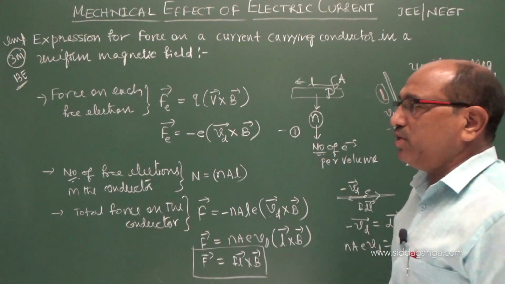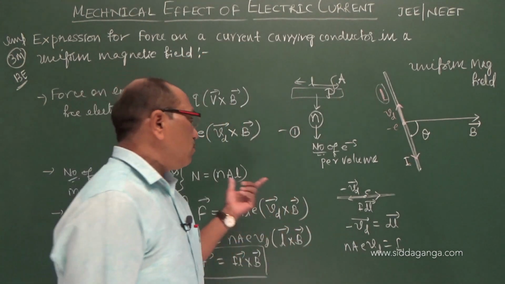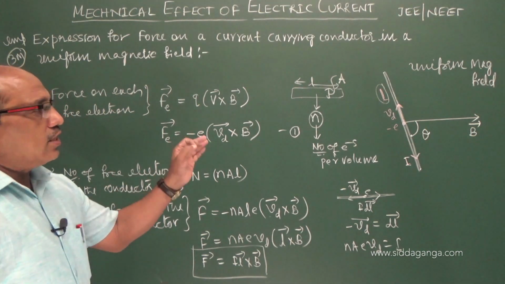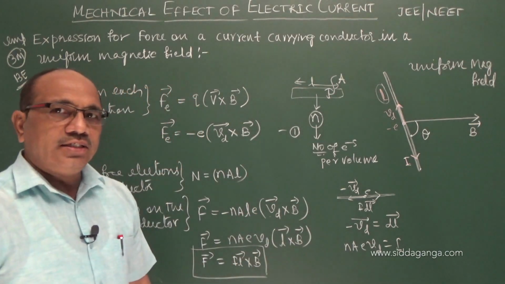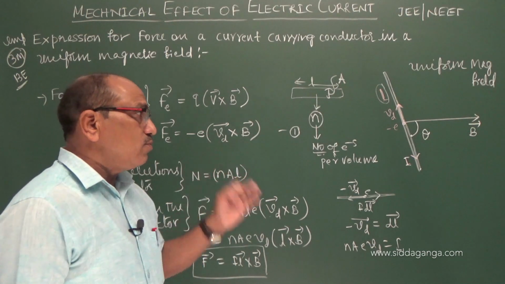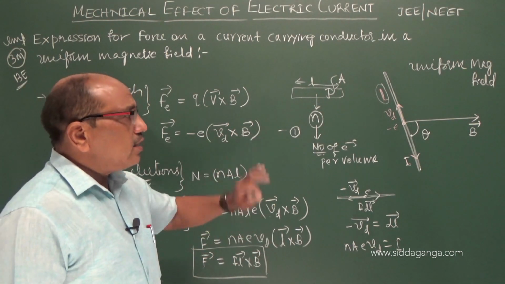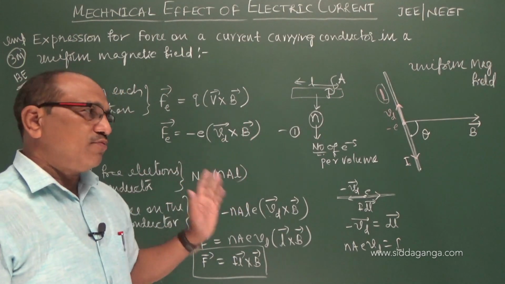This is asked for 3 marks in the board examination, an important one as far as the PUC board exam is concerned. Just as I told you, a conductor carrying current experiences a force. The reason is, when current is carried in the conductor, drift electrons are moving in the direction opposite to the current. As they are moving, charged particles under the field experience a force.